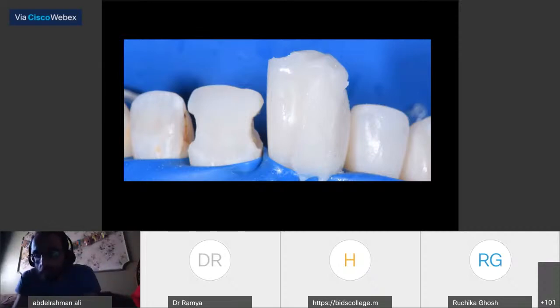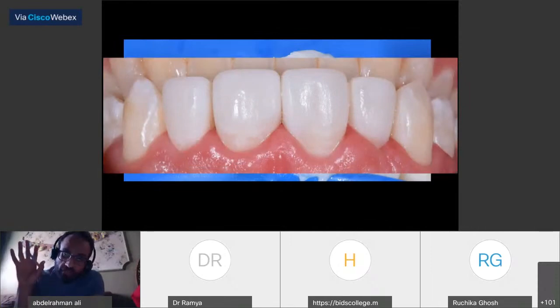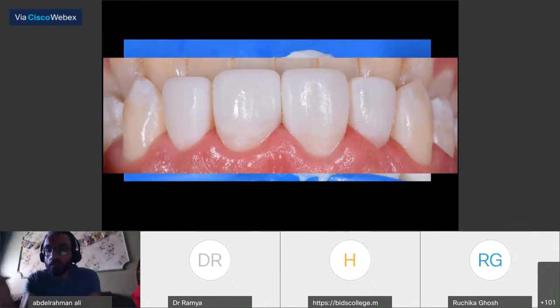I was the one. I had the same problem. It's not easy, but when you know how to do it, you will know that this is the best way, because your tooth is inside this mountain of composite. You just need to carve it and you will have the best monolithic restoration.